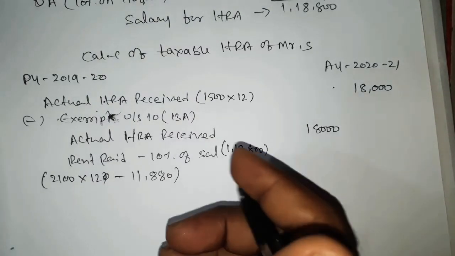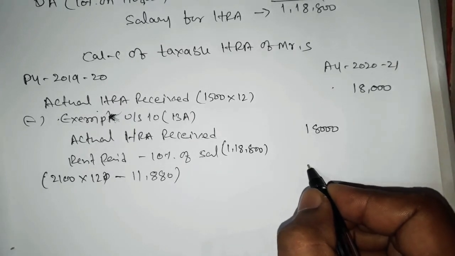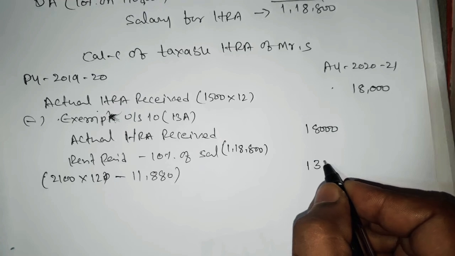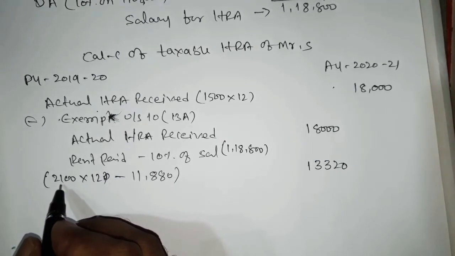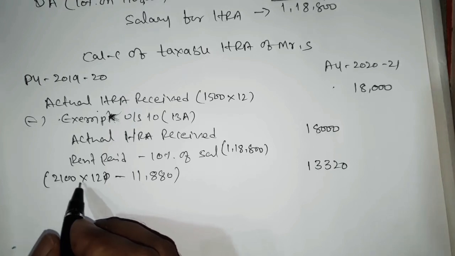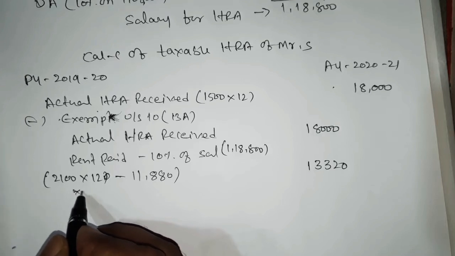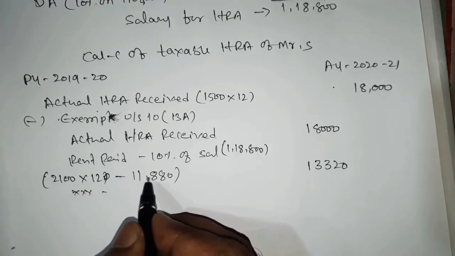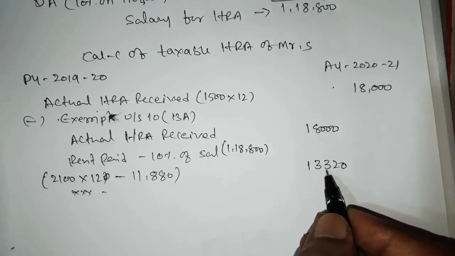When we calculate all these things, we will get the answer of 13,320. Firstly, you need to make it 2,100 into 12. Whatever the answer comes, write it here. Then subtract the 10 percentage of salary, and you will get this amount.